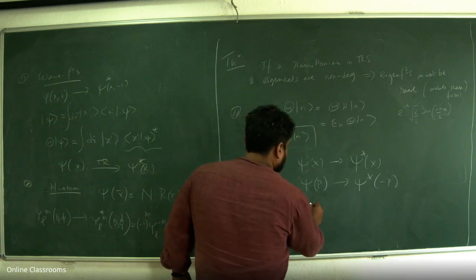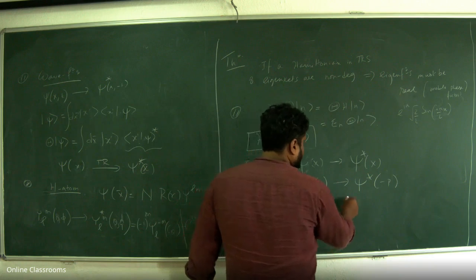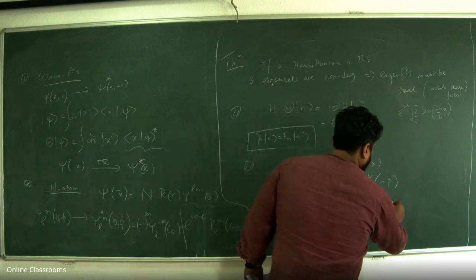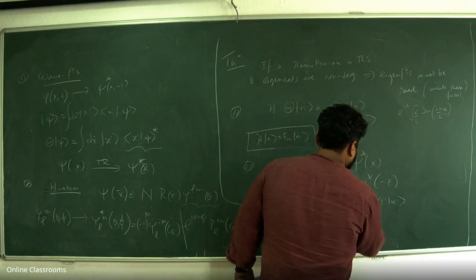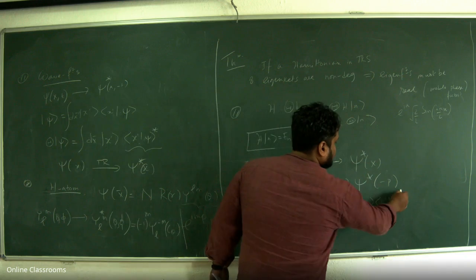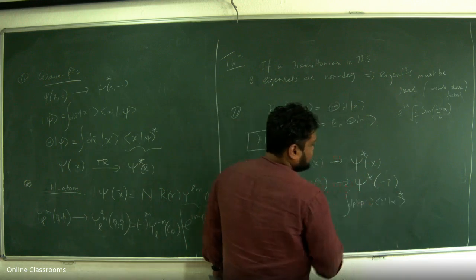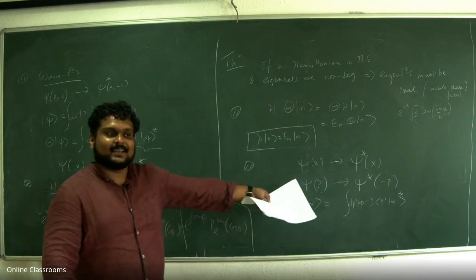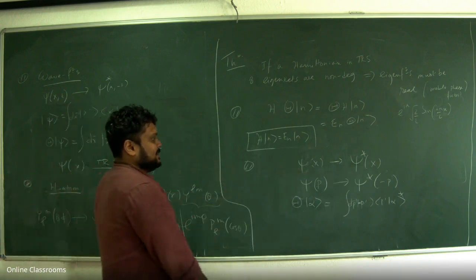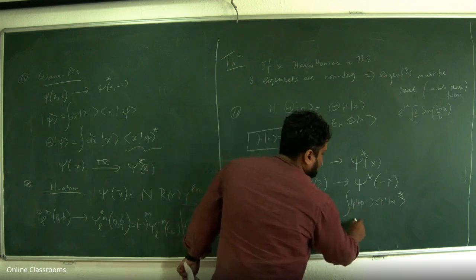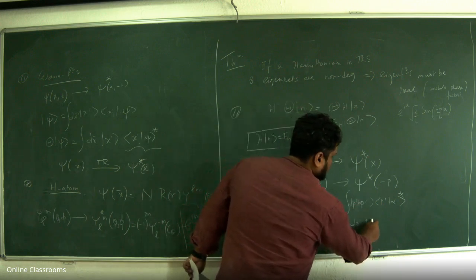So alpha is the same as before. Alpha is p prime alpha. So theta is, so this is star and this becomes minus p, because theta acting on P will give you minus P, theta acting on X will give you X. Now you can exchange these two because they are symmetric.